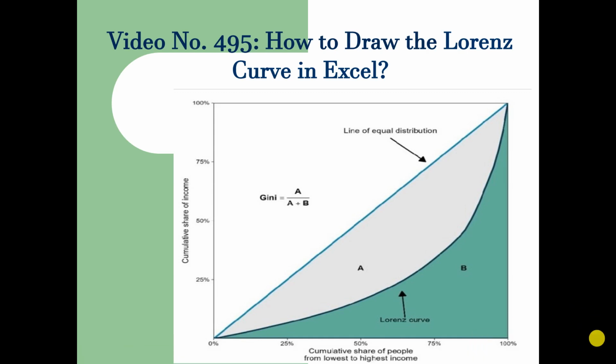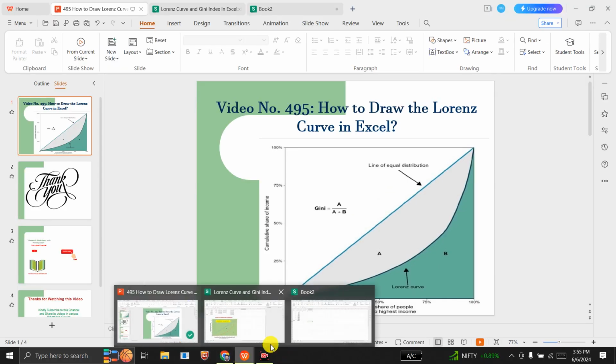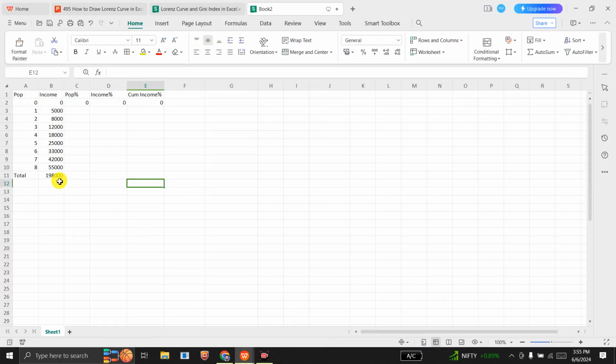So in order to do that, let me use some hypothetical data in Excel, and here is my hypothetical data. This first column shows that there are only 8 people in a particular area or in the world, and column B shows the income of various individuals.